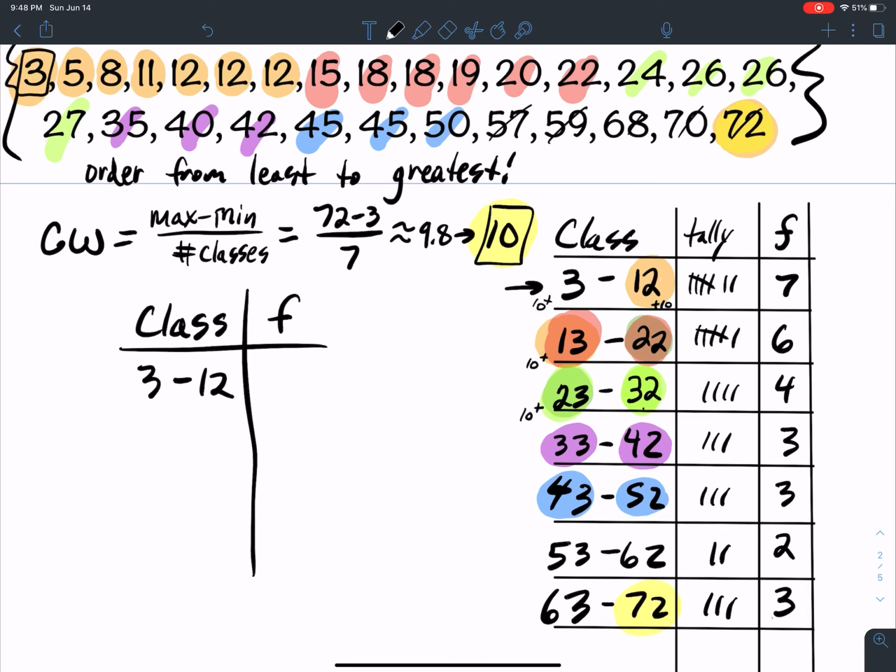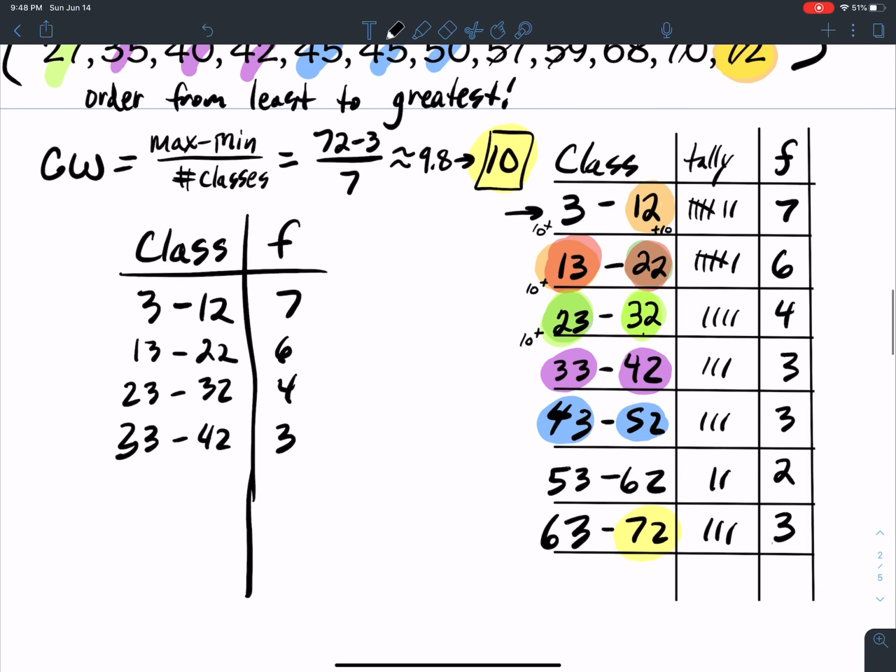So 3 to 12 has 7. 13 to 22 has 6. 23 to 32 has 4. 33 to 42 has 3. 43 to 52 has 3. 53 to 62 has 2.